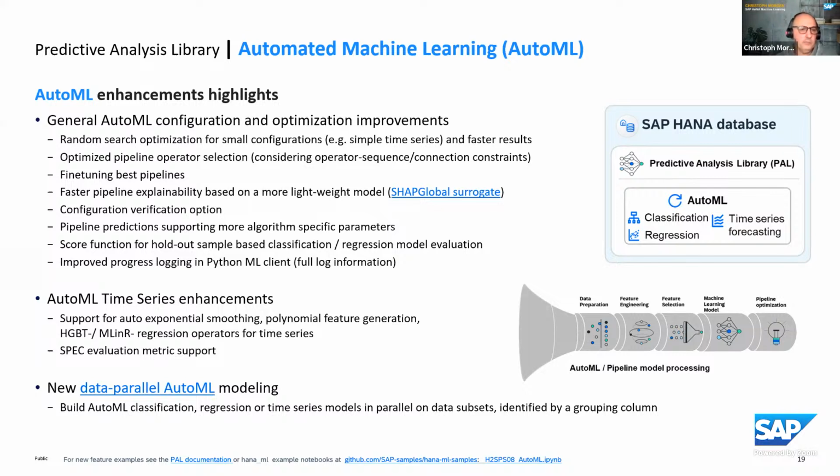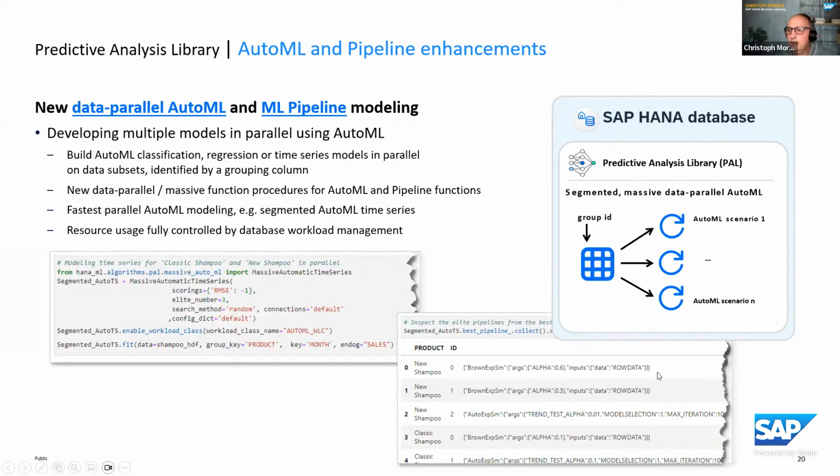As I said, we may want to train multiple time series models using that by group pattern or massive or data parallel pattern on subsets identified by a grouping column that is now also available with the AutoML functions for classification, regression, and time series. And we will see that in an example in a bit.